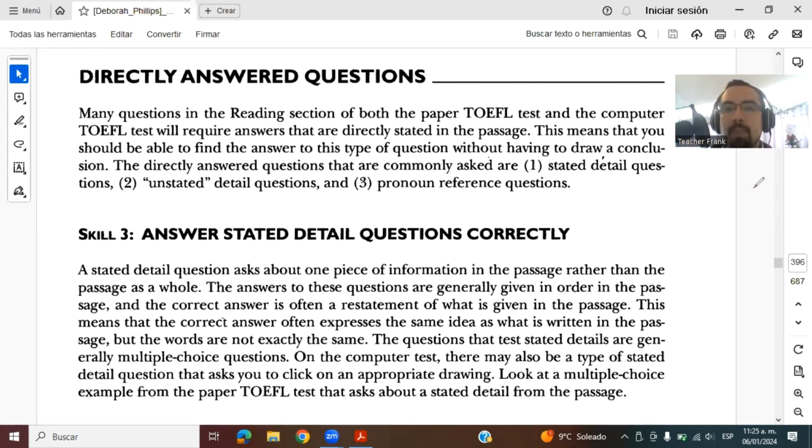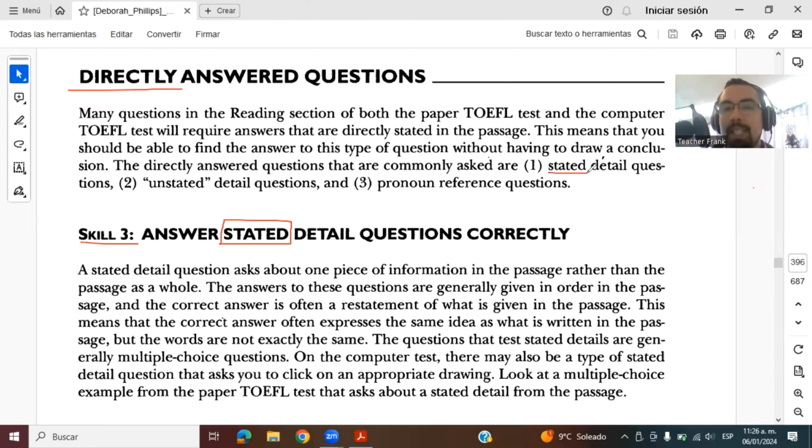Okay, skill 3 is part of 3 different skills, which are skills 3, 4, and 5, and they're called directly answered questions. Now, skill 3 has to do with stated detail questions, and these directly answered questions mean that the information that you're looking for is included or not included in the text, right? I say included or not included because for the first skill that we're going to see, skill 3, the information is included or is true.